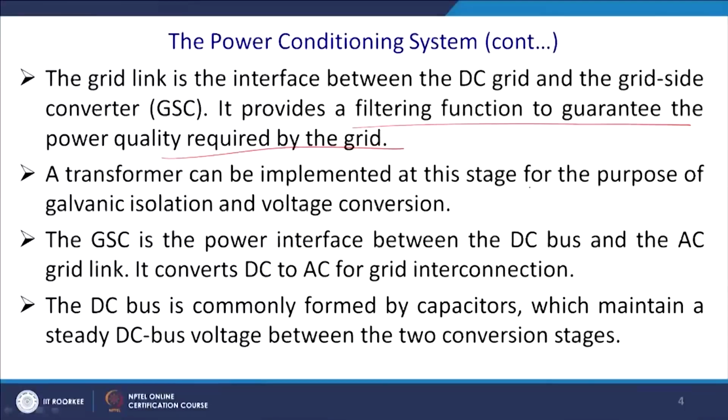The transformer can be implemented at this stage for the purpose of galvanic isolation and voltage conversion, because after that it is a DC to AC stage after the inverter, and if you wish to connect to a high voltage, you generally hook up to the high voltage, and that depends on at which voltage level you evacuate the power, because if you are injecting a huge amount of power, ultimately you cannot evacuate it in a distribution network.